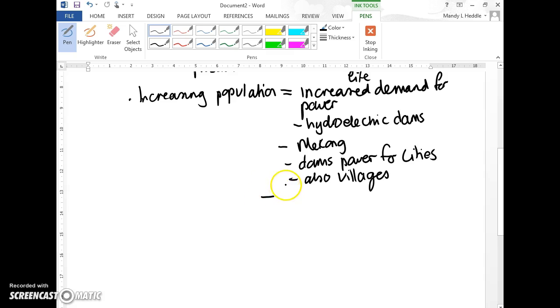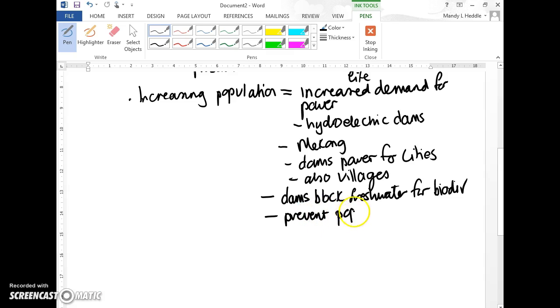And the freshwater pressure there is that when you've got a dam, dams block fresh water for biodiversity, and also prevent the populations downstream from getting water.